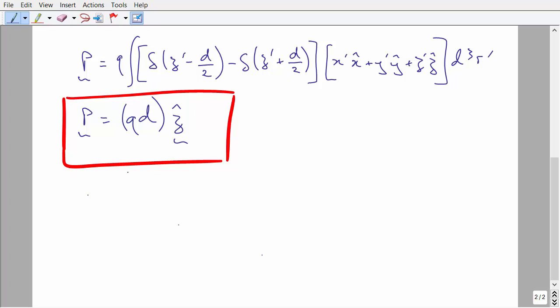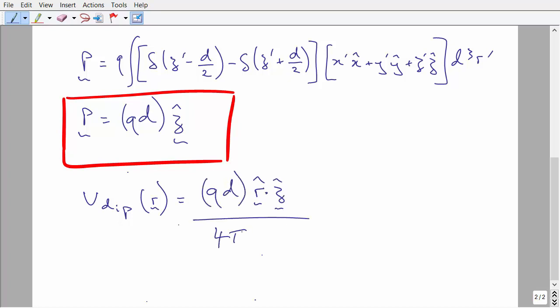So if we put that in our formula for the dipole, alright, so this is the formula, and that is our result for the charge distribution that we wrote down previously.